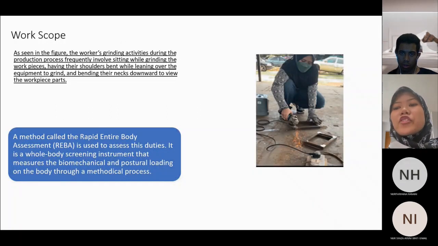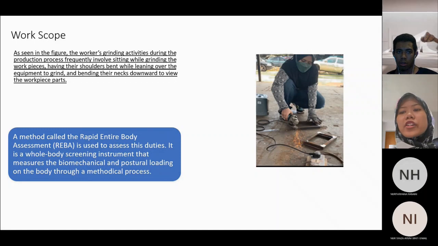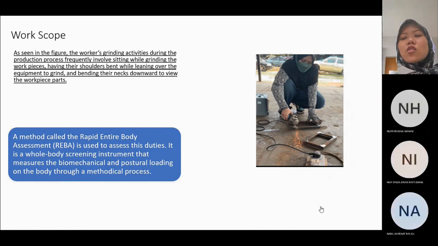As you can see from the picture, the worker's grinding activity during the production process frequently involves sitting while grinding the workpiece, having the shoulder bent while leaning over the equipment, and bending the neck downward to see the workpiece clearly. The method called Rapid Entire Body Assessment, or REBA, is used to assess this duty.